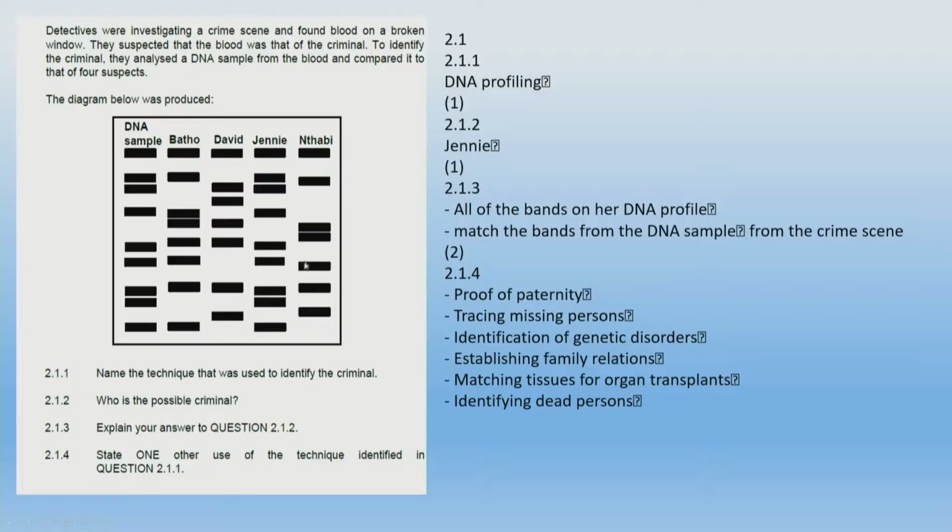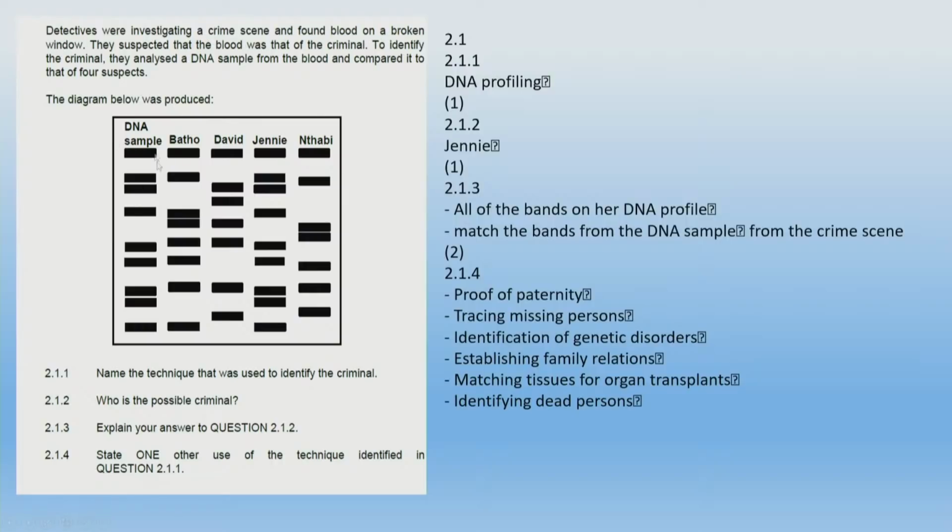So again, I just want to emphasize this, people, because this is where our learners and our top candidates, our level 6 and 7 learners, lose marks. They know what to do. They know Jenny is the criminal, but the explanation is that Jenny's DNA bands, all of them, correspond with all of the DNA bands of the DNA sample. I think it was on a broken window.